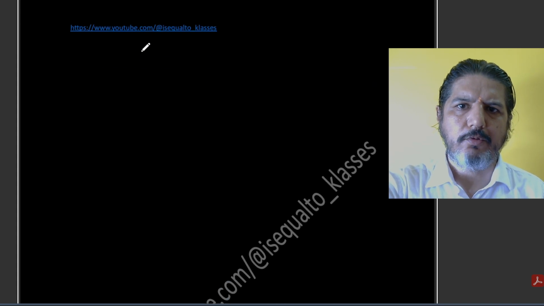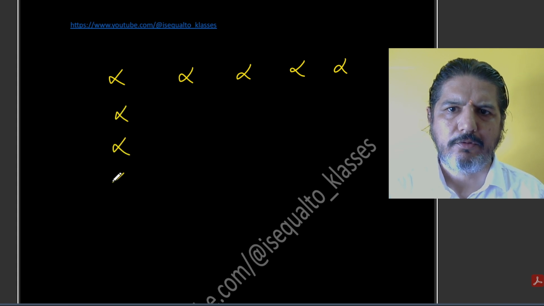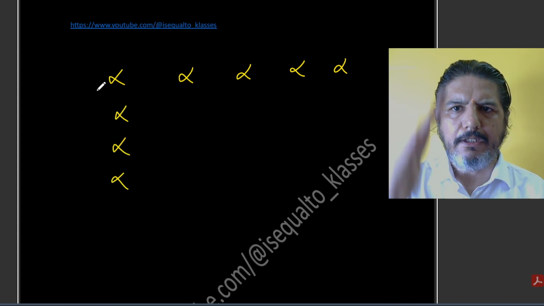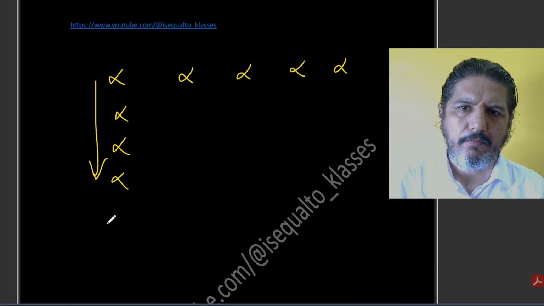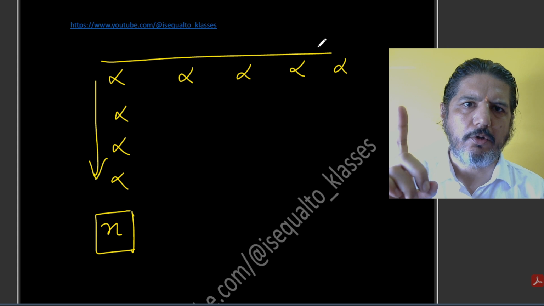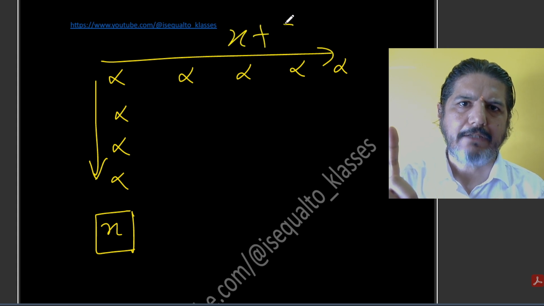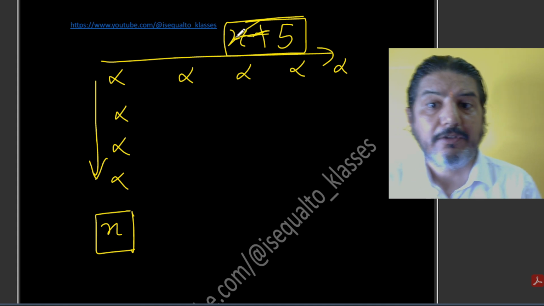So you'll have a situation like this, where the number of trees in each column would be x, and the number of trees in each row would be x plus 5. Hope this is making sense.